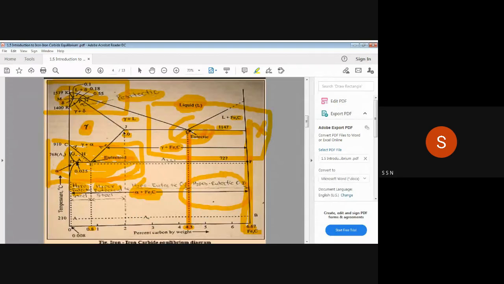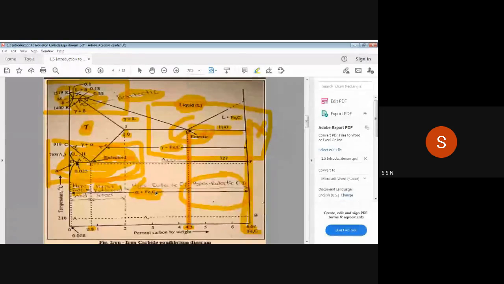Note what I am saying: at this J point definitely you are getting one solid phase, that is alpha, sorry, gamma. But at lower temperature a solid phase is there, but a different solid phase, that is alpha plus Fe3C. Alpha plus Fe3C is also present here, isn't it? Not only gamma plus Fe3C, gamma on this side and Fe3C on this side, but below the same eutectic transformation these different phases are also there, alpha plus Fe3C.